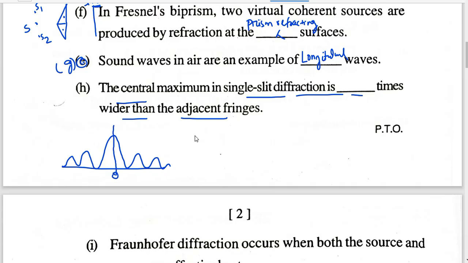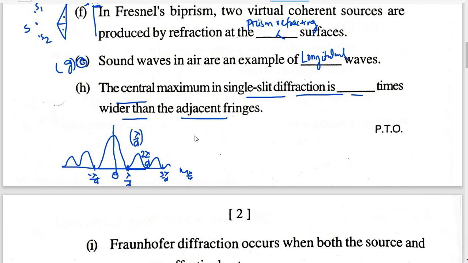This is O. The angular separation of this part is lambda by d, and this part is minus lambda by d. What is d? d is the slit width. From minima to minima, the separation is also lambda by d. This is lambda by d, this is 2 lambda by d, the next is 3 lambda by d, the next is 4 lambda by d.